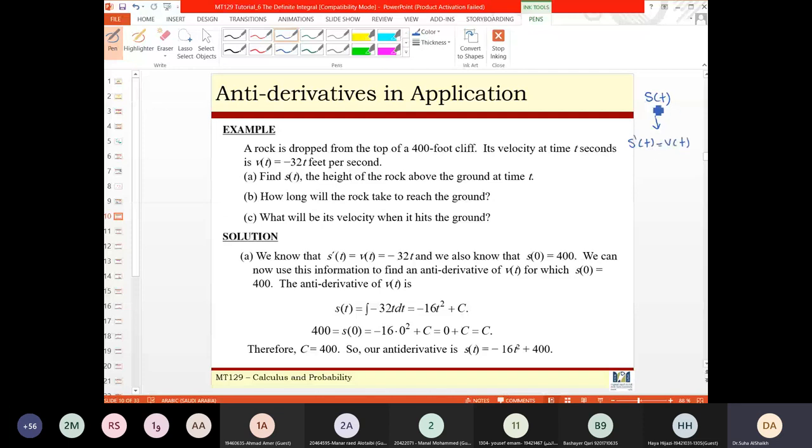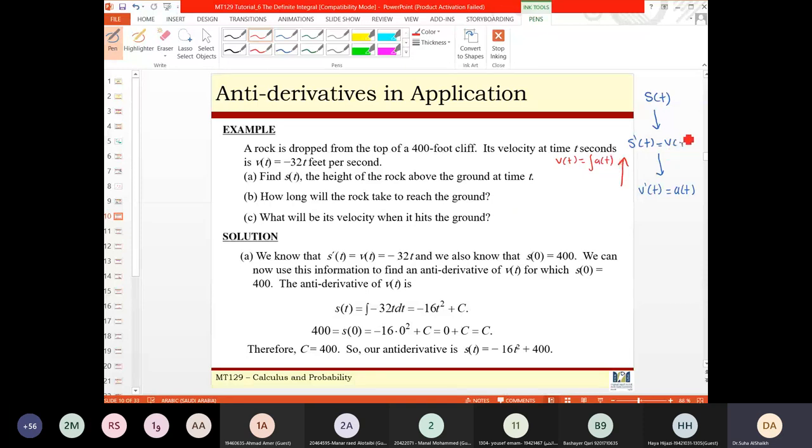The change in s with respect to time is giving me the velocity, and moreover the integration of the velocity is giving me the acceleration a of t. You remember this? Now when we are moving in the different direction, I have a of t and I want to find the velocity, then I say the velocity v of t is nothing but the integration of a of t.